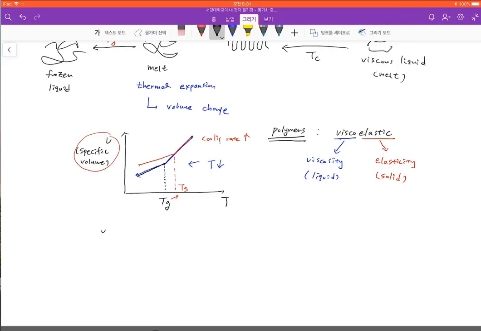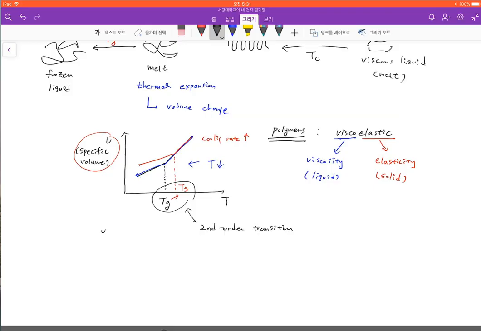This kind of transition, the glass transition, is called a second order phase transition. You might recall the Ehrenfest classification of phase transitions in physical chemistry class, right?